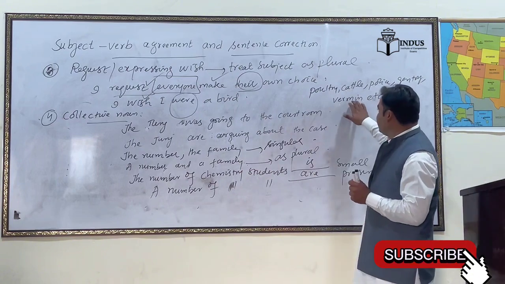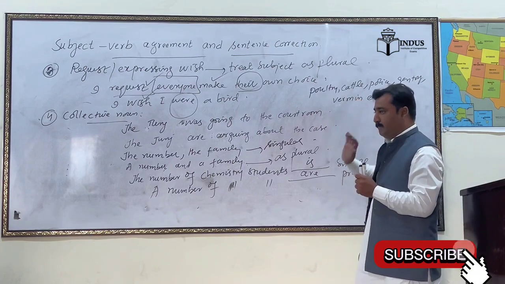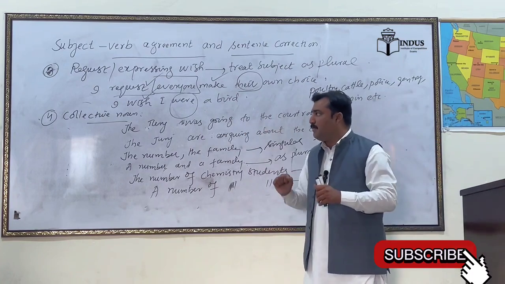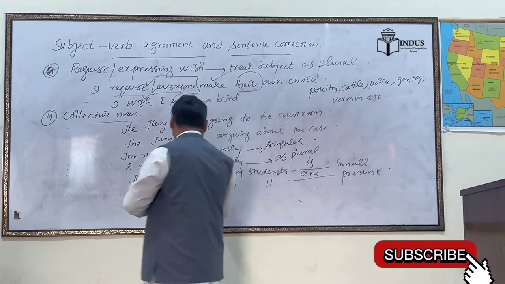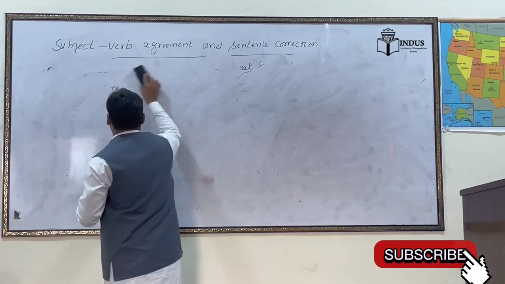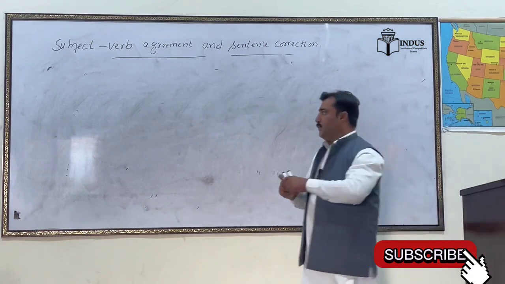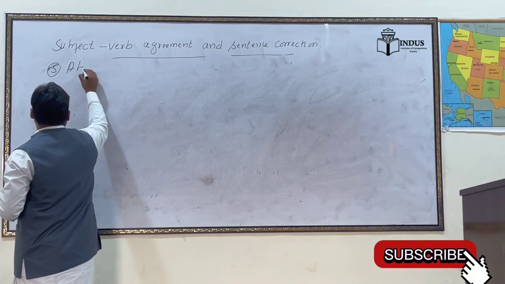And we have certain collective nouns that are always treated as plural. So these are the rules related to collective nouns. Now come to the next rule, and that is related to abbreviations.